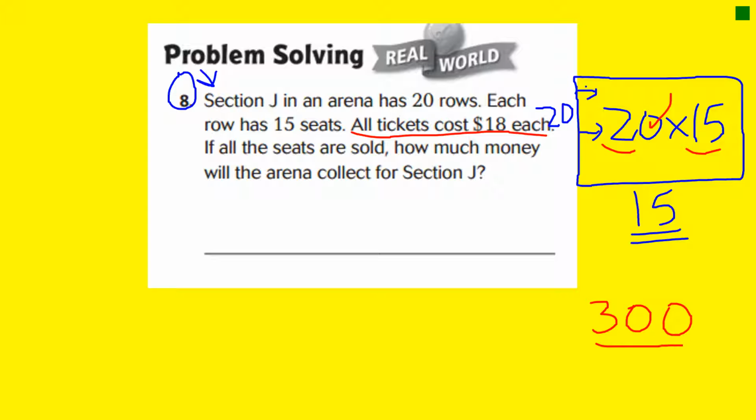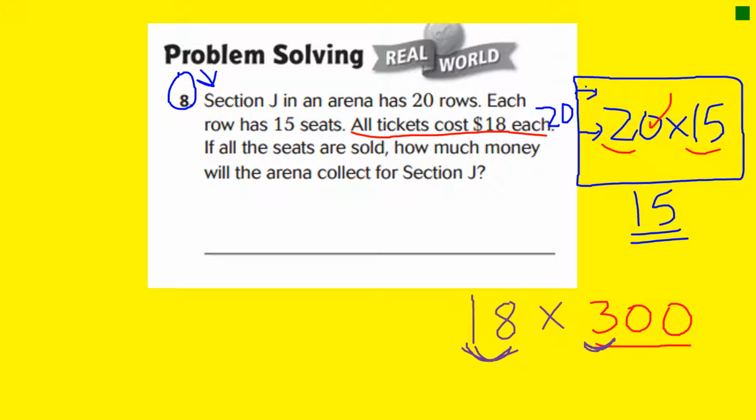So there are 300 seats, and each of them cost $18. So I'm going to write it right here. 18 sets of 300. Now, we just talked about how you can multiply these whoppers, right?